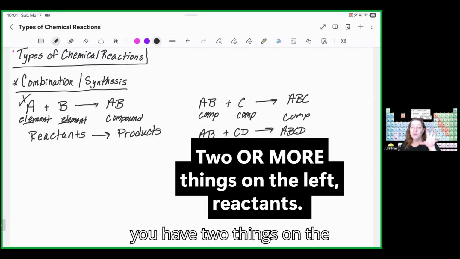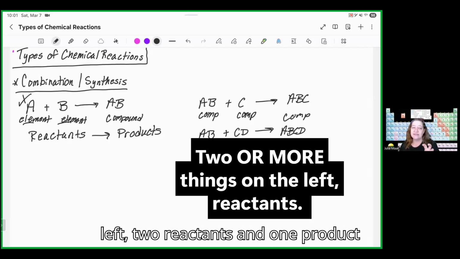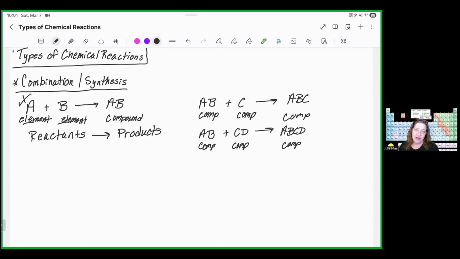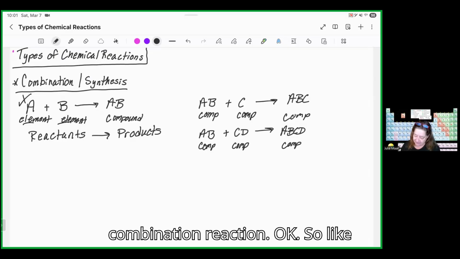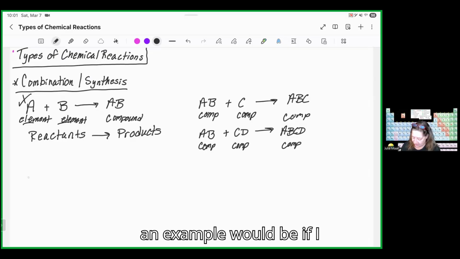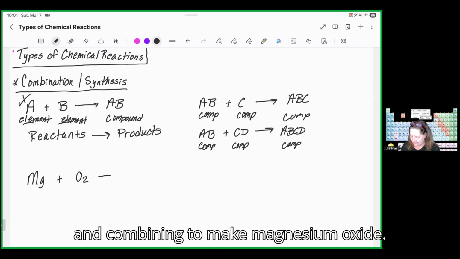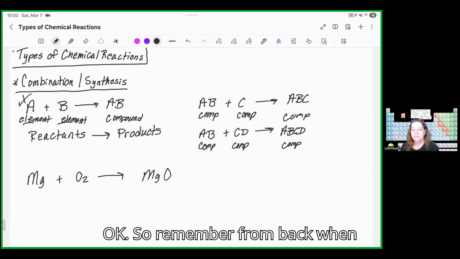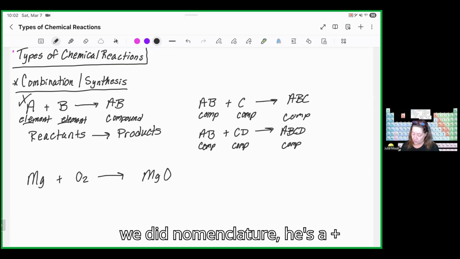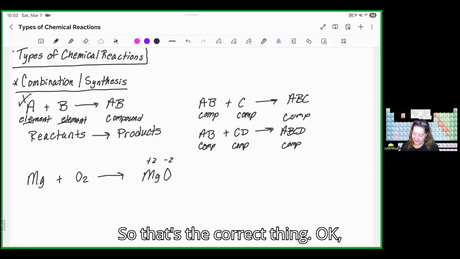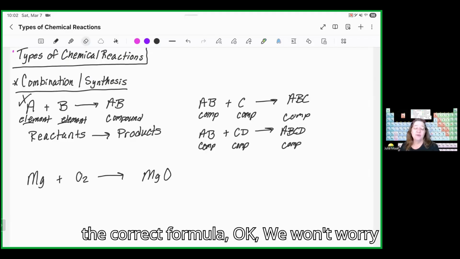If you have two things on the left, two reactants, and one product on the right, that is a combination reaction. An example would be magnesium reacting with oxygen gas and combining to make magnesium oxide. Remember from when we did nomenclature, magnesium is a +2 and oxygen is a -2, so that's the correct formula.